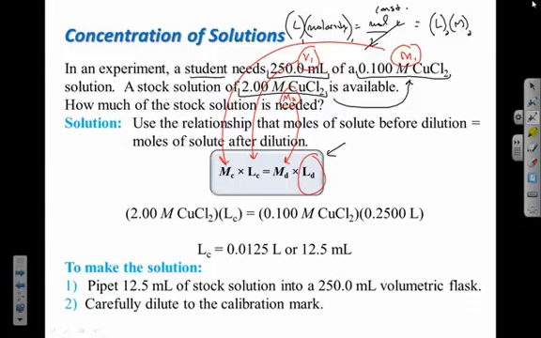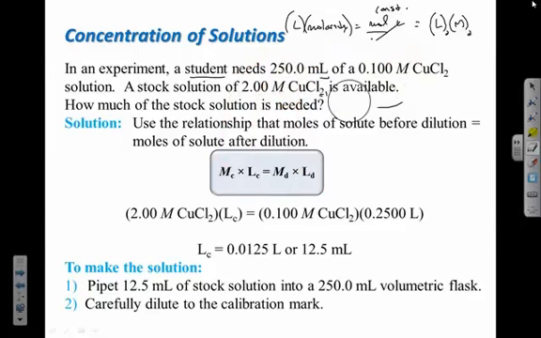So that's what you would be doing in these dilution examples. Actually, I read that a little bit wrong. Let me switch around what I just said. I misread the question. The question says the student wants to make this final volume and concentration.